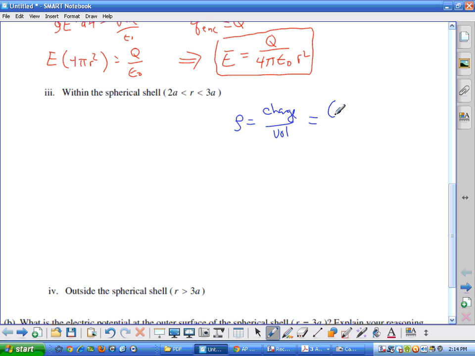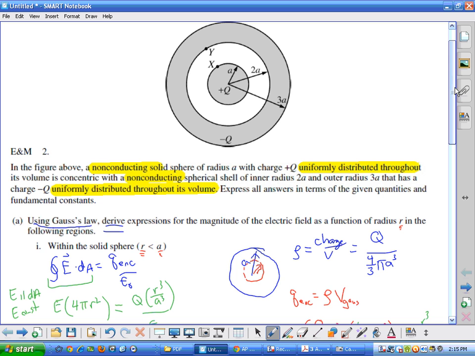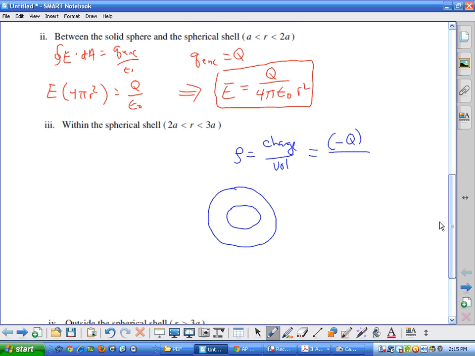So the charge here is negative Q, and the volume, this is where we have to be careful. We have a spherical shell, so if we look back at the drawing, the spherical shell has an inner radius of 2a and an outer radius of 3a.